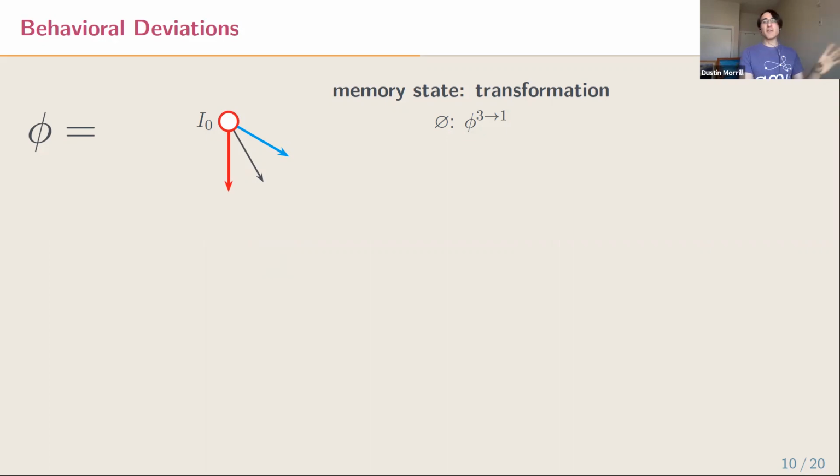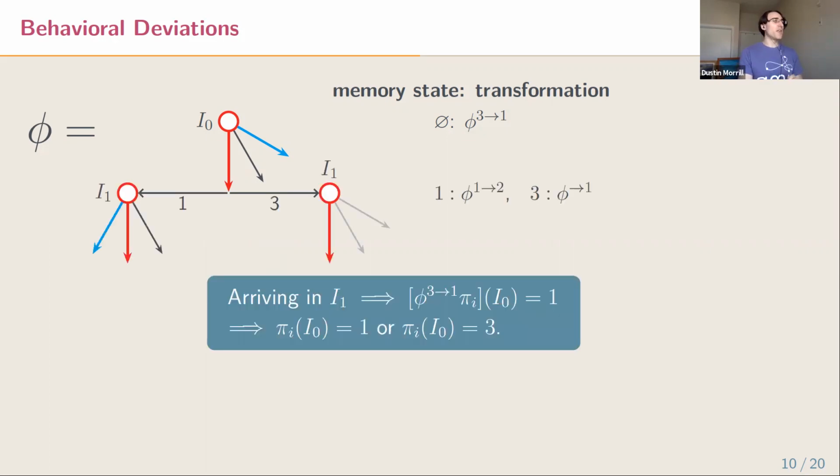If we make that choice, now at the next information set, I1, there's going to be two different memory states that we could be in at that same information set, because we could reach information set I1 under this internal transformation if either the input strategy played action 1 or the input strategy played action 3.